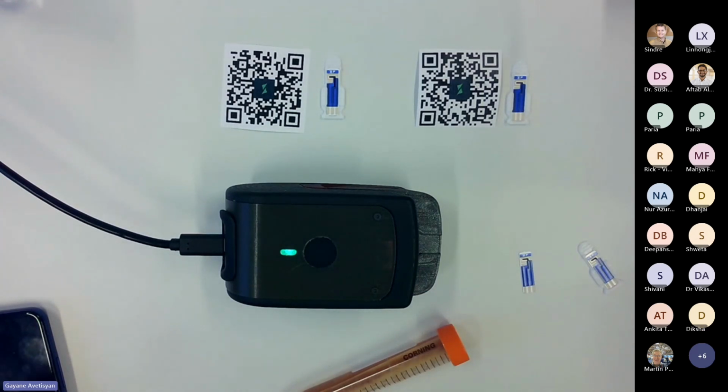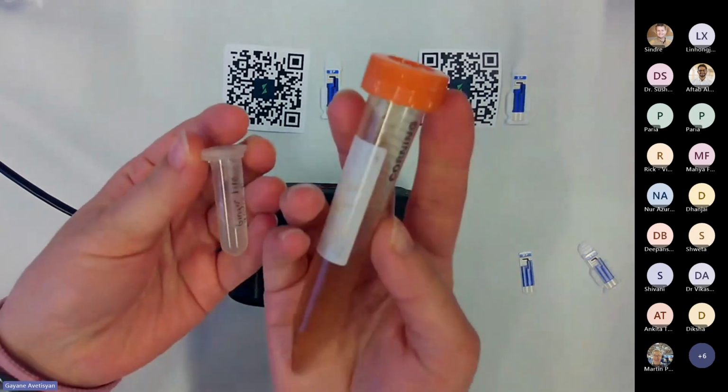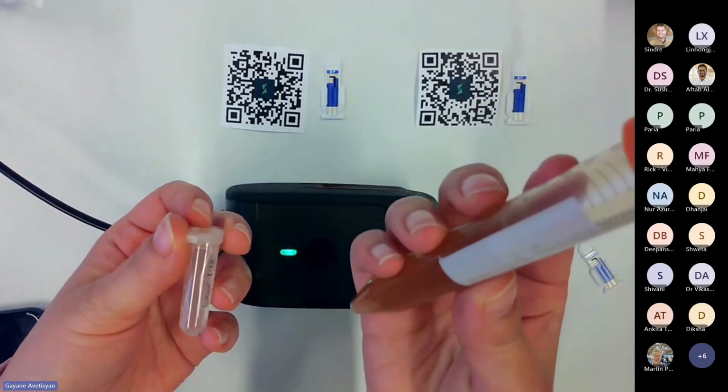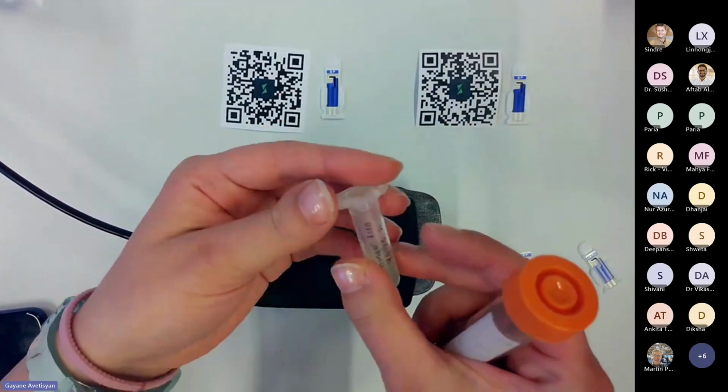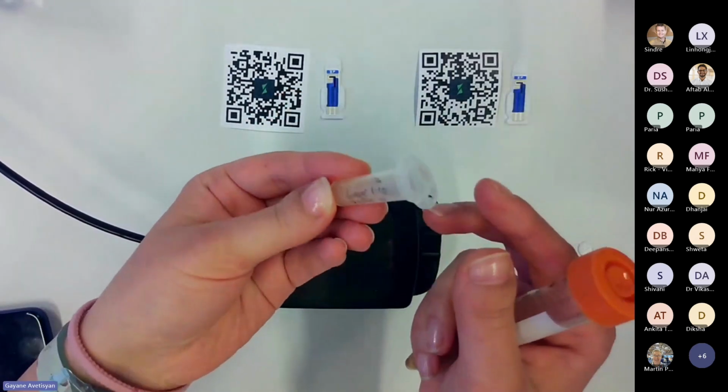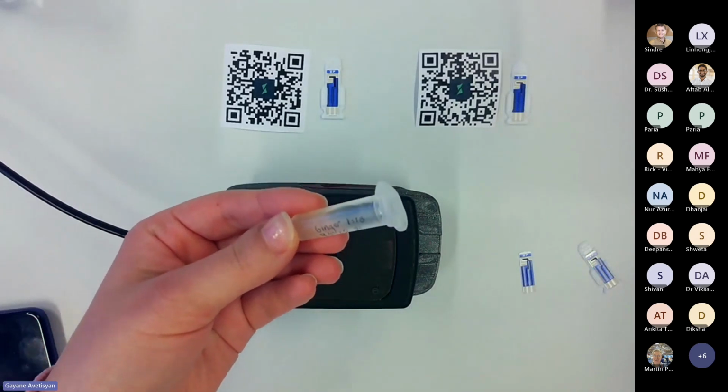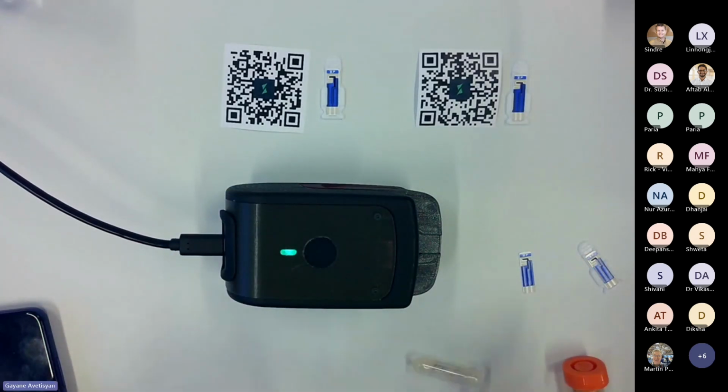Today we will test two samples. One is a powder mixed with the chili pot puffer, and another one is a ginger shot mixed with the ginger pot puffer. I'll start with the demonstration straight away.